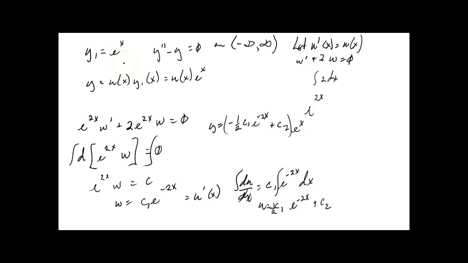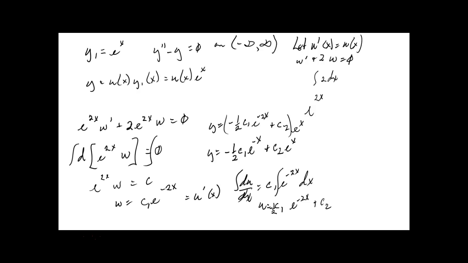Remember that was way back at the beginning. So this now would be y is equal to minus 1/2 C1 e to the minus x plus C2 e to the x. Is that right? Yeah. Okay.